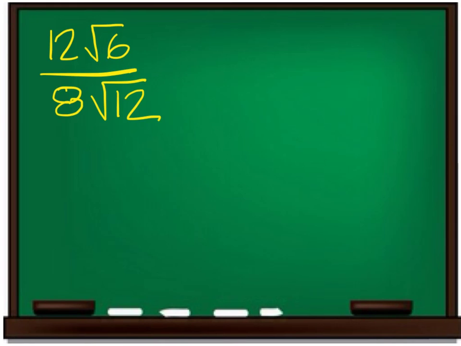Practice 1. For this one, we're going to have to simplify first and get a division by 4 here to get 3 over 2.